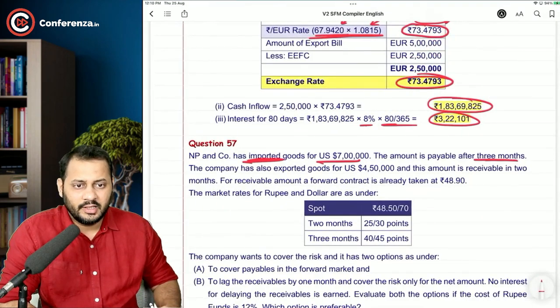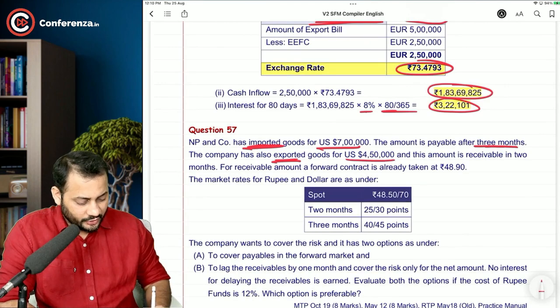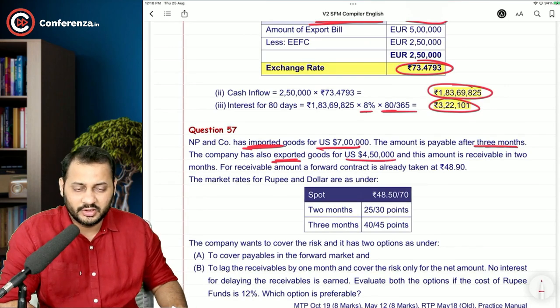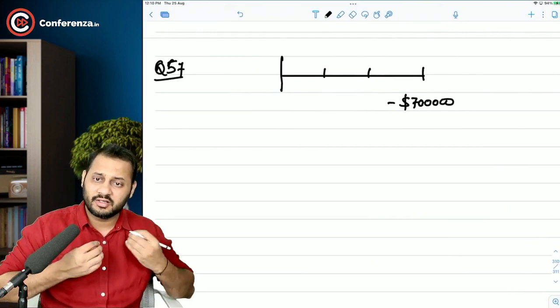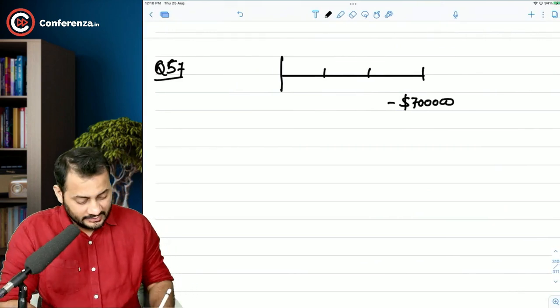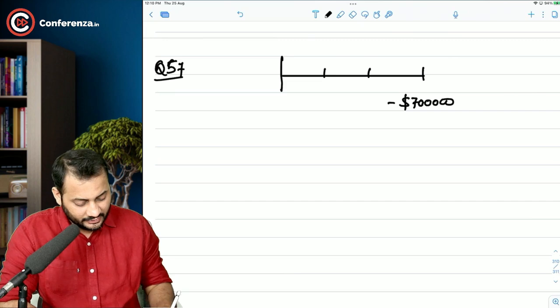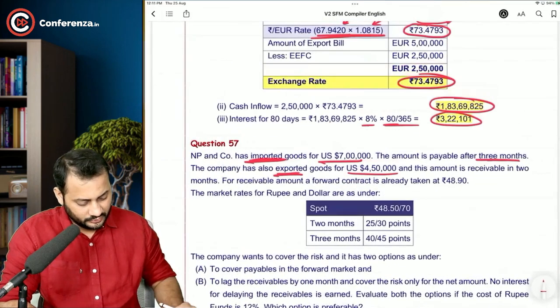right? And the company has also exported goods for US $4,50,000, and this amount is receivable in 2 months. So in this question we are the importer and exporter both, and this amount is receivable at the end of 2 months. So this is an outflow and this will be an inflow, $4,50,000.